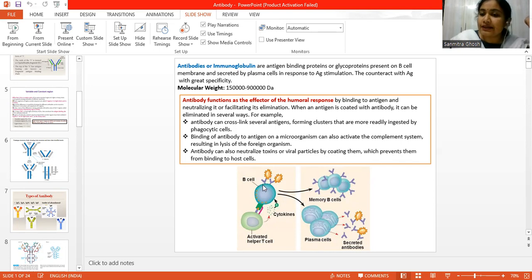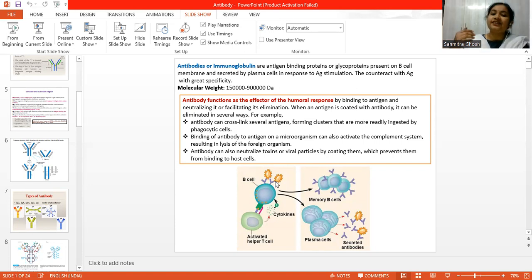So once it has interacted, they can bring some alteration in the structure of the antigen by phagocytosing it, and then they can present a portion of this particular antigen to the T helper cells with the help of the class 2 MHC molecule. So here the B cells are acting as the antigen presenting cell.